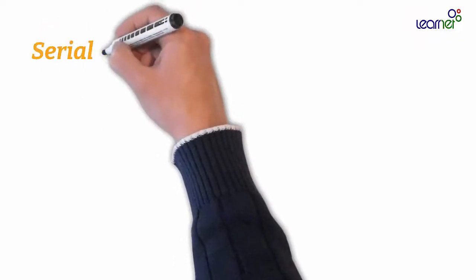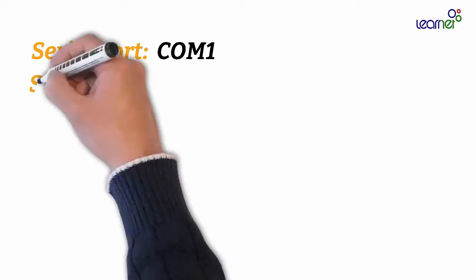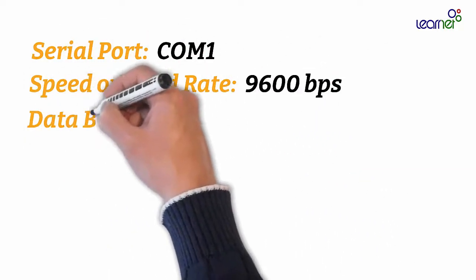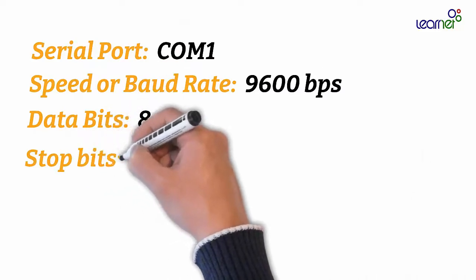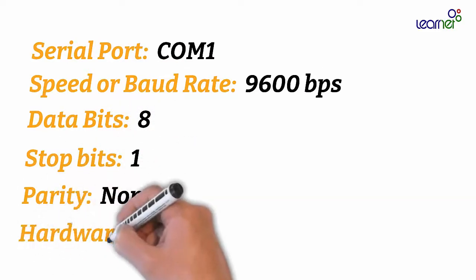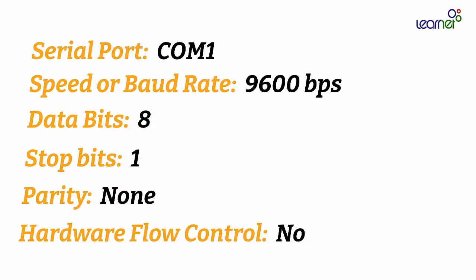You have to select the right serial port, which is computer driven and can be different depending on the cable type you use or whether your computer has an RS-232 port or not, and it could be COM1, 3, 6 or whatever. The speed must be 9600 bits per second, data bits 8, stop bits 1, parity none, and there should not be any hardware flow control in place. To memorize it easier, you can use 8 and 1 as the code.